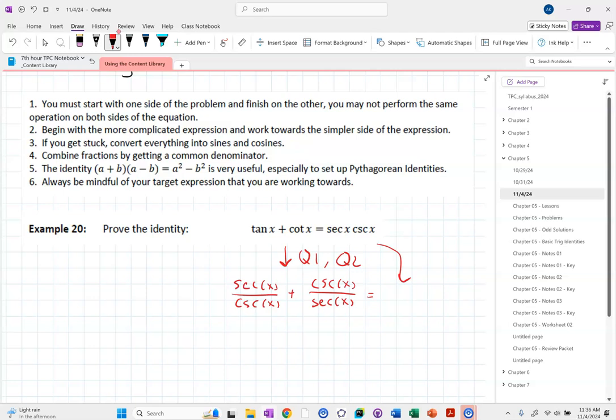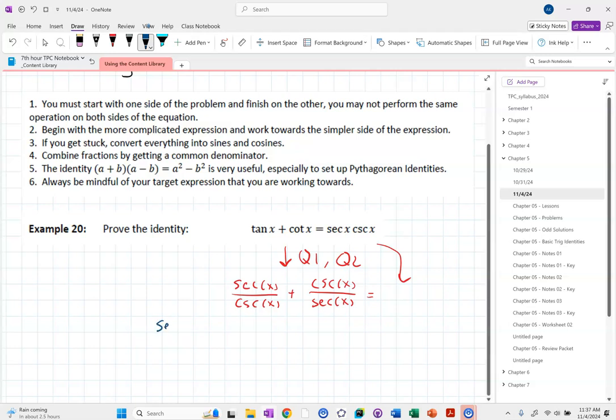All right. So if I look here now, I have everything in terms of secants and cosecants. I think, okay, that's probably pretty good. But I have these two fractions that I need to add together. Well, if I have to add fractions, what do I have to have? Common denominator. If I look at these two fractions, what would the common denominator be? Cosecant times secant. Wonderful.